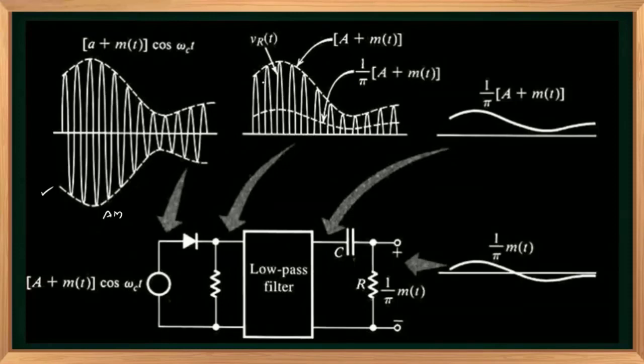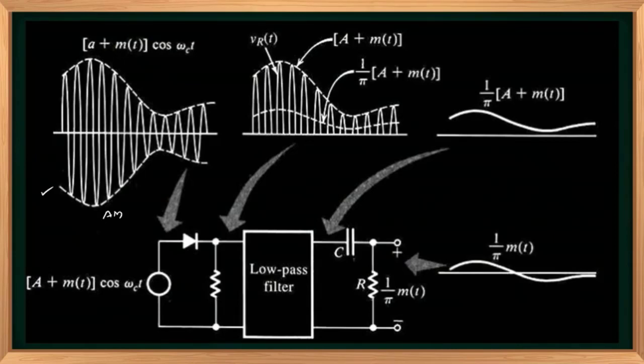The slowly varying frequency component is separated out by the low pass filter. So we'll get a variation which corresponds to the amplitude variation of the carrier pulses. The carrier pulses have an amplitude variation which is proportional to the instantaneous value of the modulating signal. Therefore, by using a low pass filter, we can filter out the low frequency component which corresponds to the instantaneous amplitude of the modulating signal.